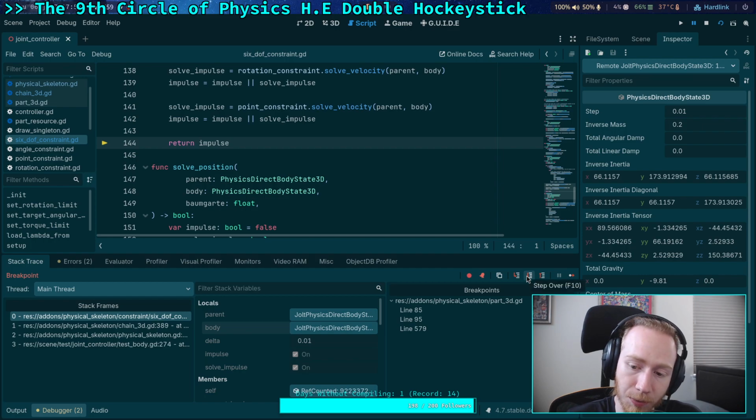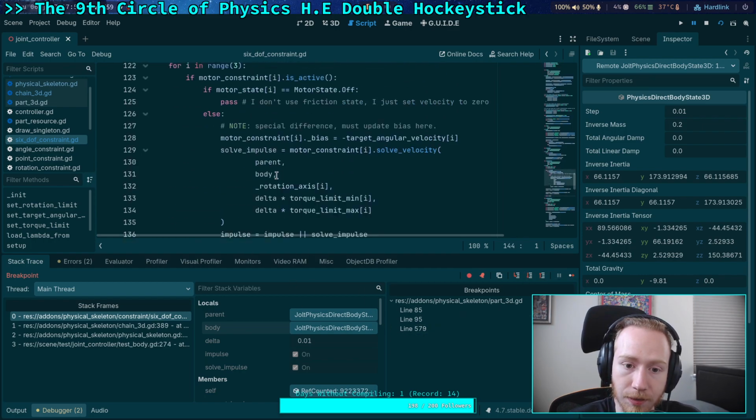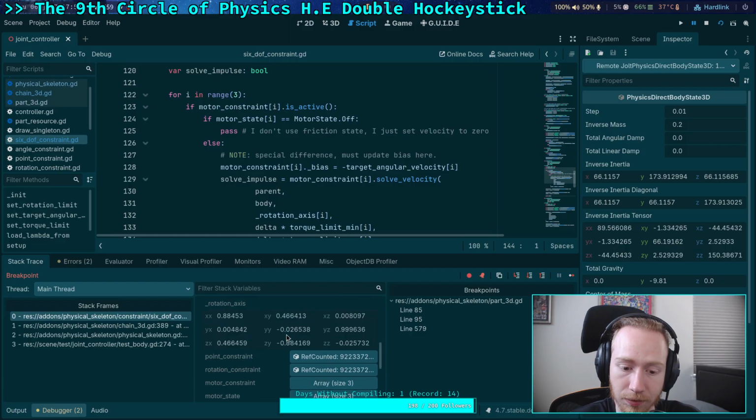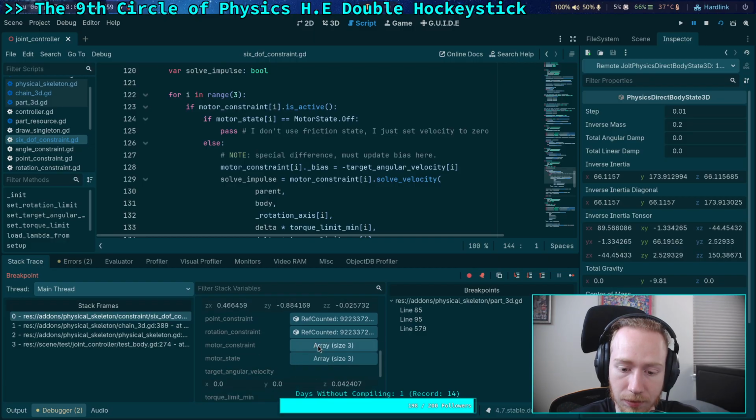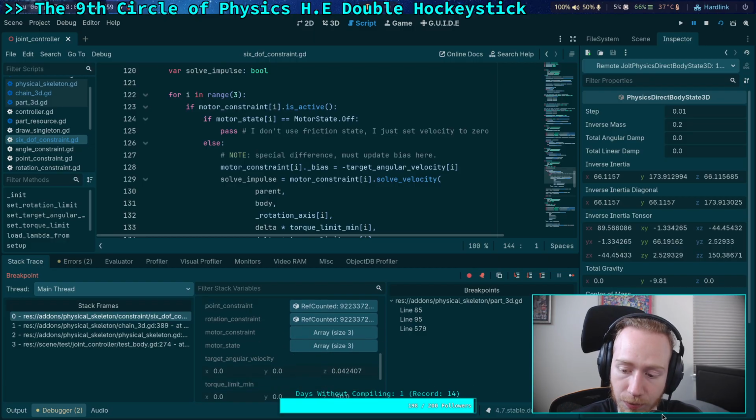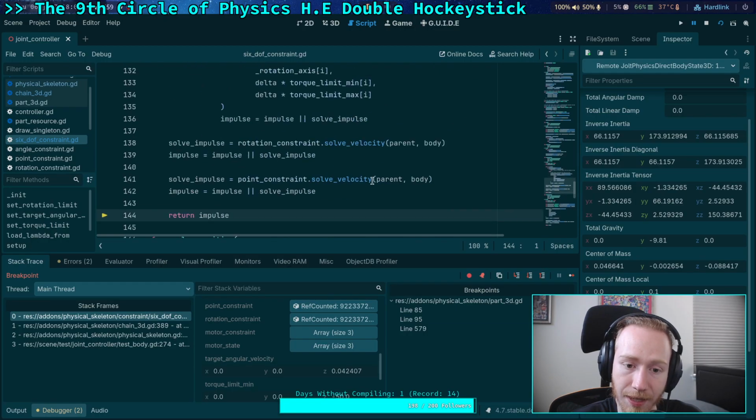Because if this is supposed to be reaching 0, then that's wrong. 0, 4. This is the angular velocity it's been left with.